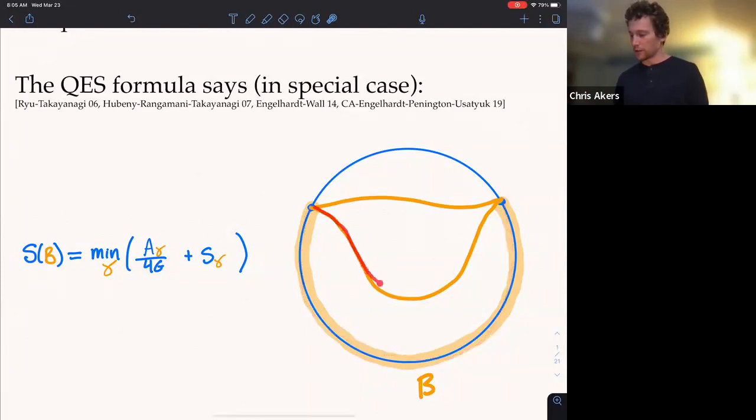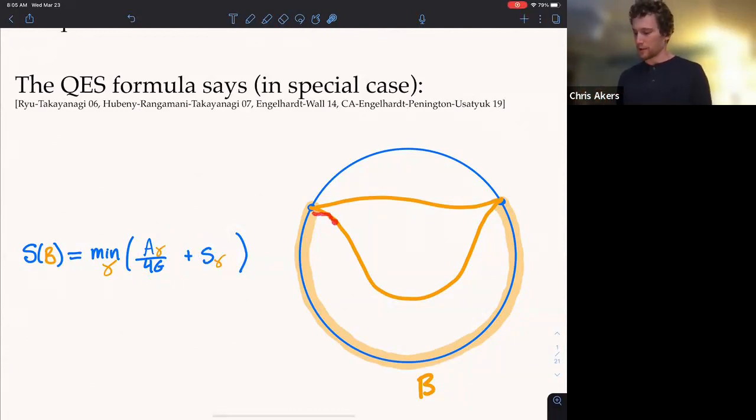So, this one's homologous, this one's homologous. And to each of those surfaces, you associate these two terms. So one is just the area of that surface, the literal geometric area of that surface in the AdS geometry, divided by 4G Newton. That's Newton's constant. And then the other term is S, so the von Neumann entropy of the bulk fields in the homology region.